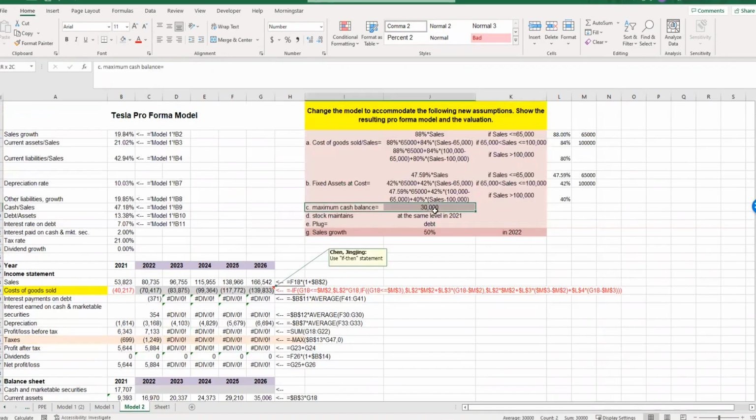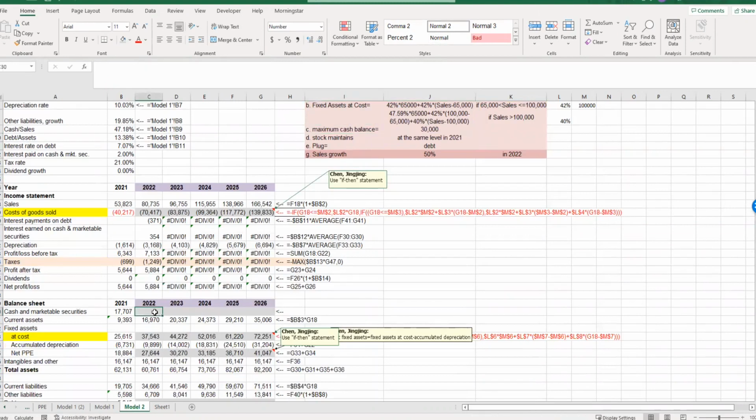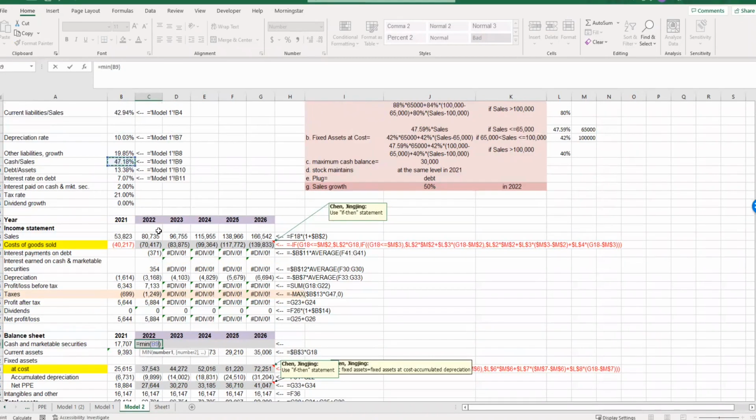So next one, maximum cash balance. So therefore, it equals whichever is lower, either the original cash balance, so using here, times sales, or this 30.